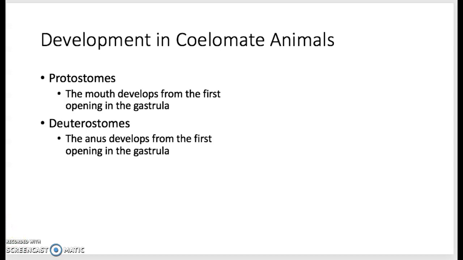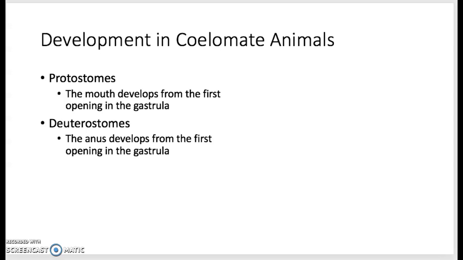Okay, now we have the protostomes, and basically how we were talking about the gastrula and how the blastula starts forming into itself and creates that opening. It's a protostome if the mouth is what's going to develop first. So as it was curving up, that's going to create the mouth.